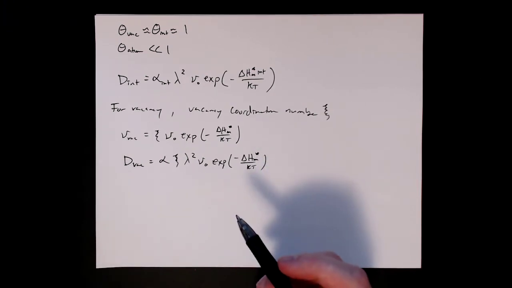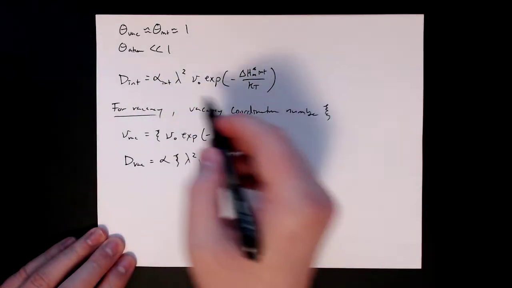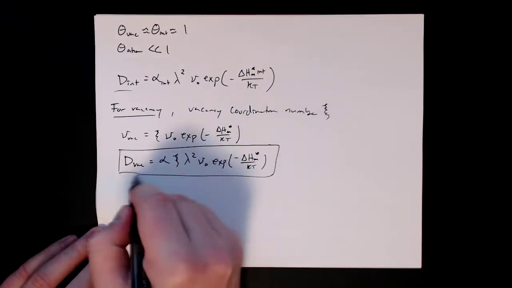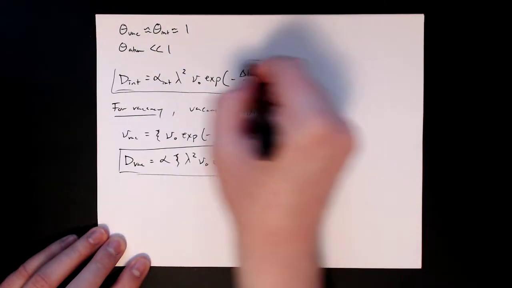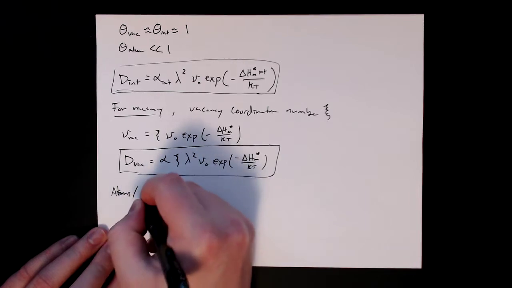Okay. So we've talked about vacancies, we've talked about interstitials, so we've got expressions for 2 of the 3 so far. And so let's look at atoms, ions.